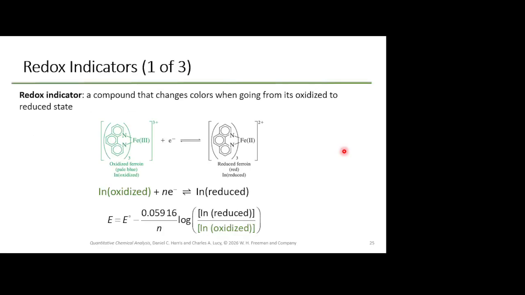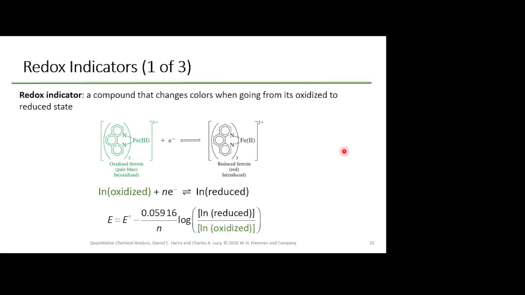Okay, so how do we find endpoints? Well, we're going to use indicators, just like in the pH acid-base world. They have almost all the same rules as the pH indicators, because realistically speaking, those indicators we were looking at were basically doing the same stuff. There wasn't a huge difference.